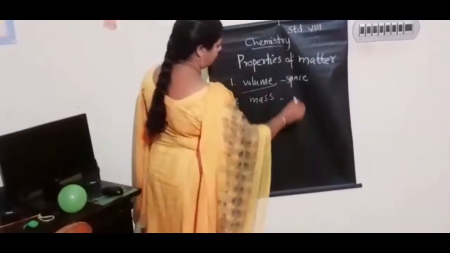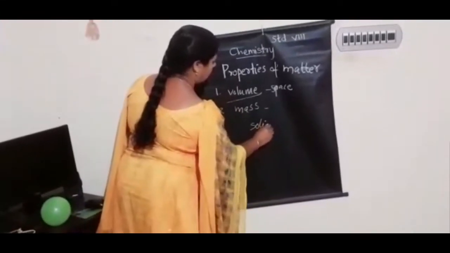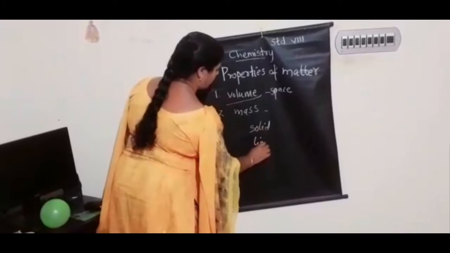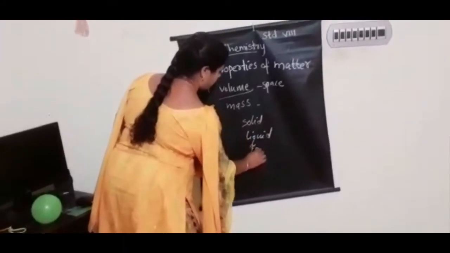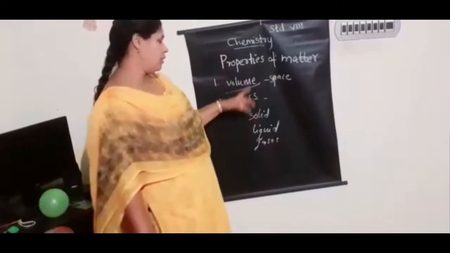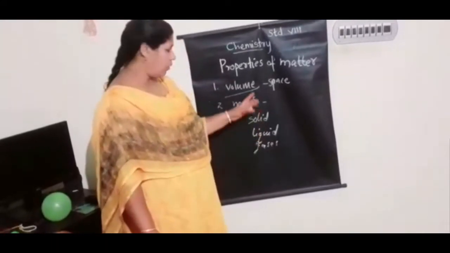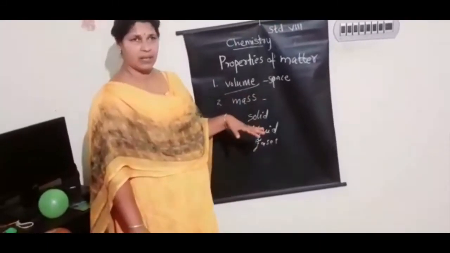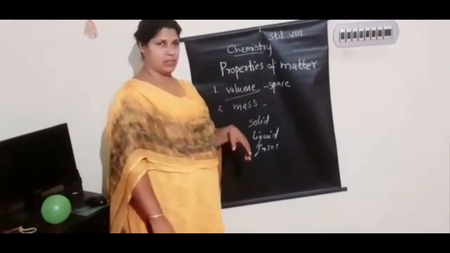So we have already classified matter as solid, liquid and gas. Matter exists in the form of solid, liquid and gas. All these three states have got volume and mass.